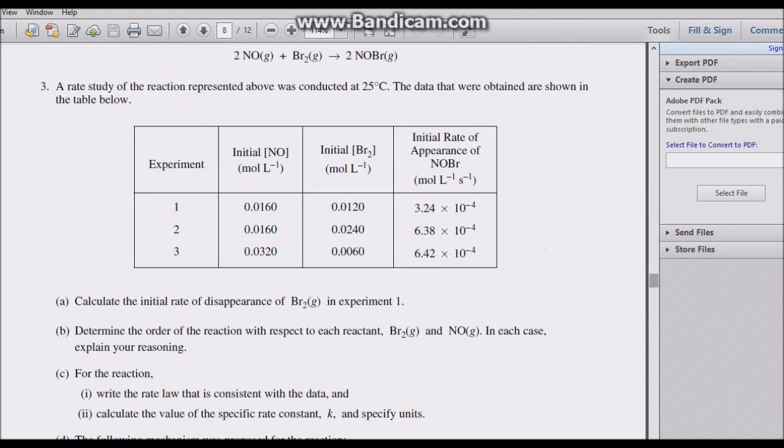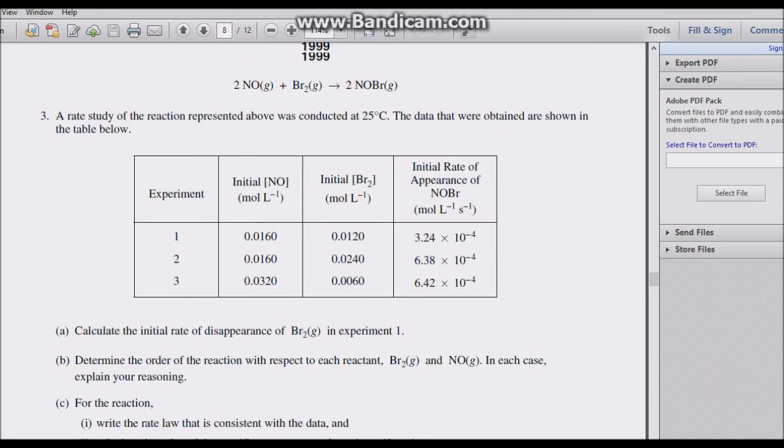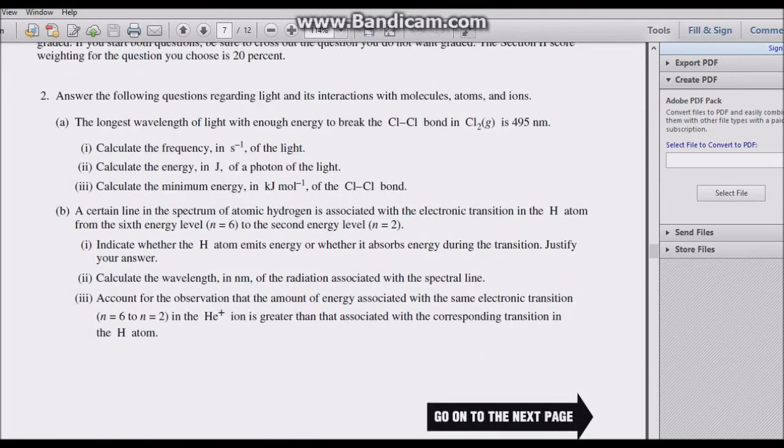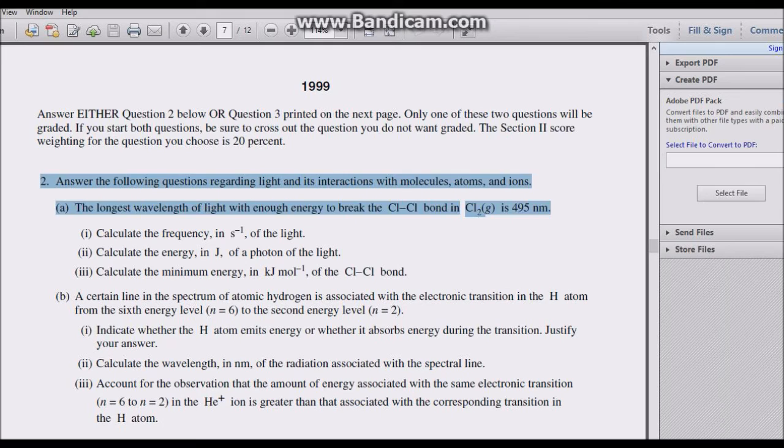Question 3 is a rate law type question. So please choose the easiest question you would like to do. For me, the rate law question is easier and more straightforward than the electron question, but I did both just for the sake of explaining. So let's get started on number 2.